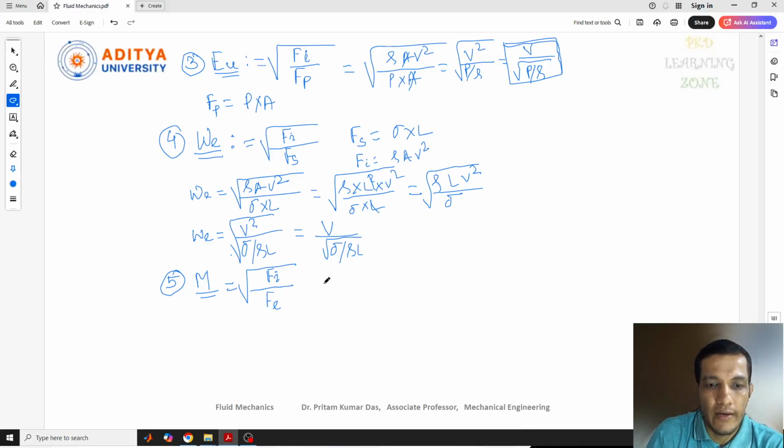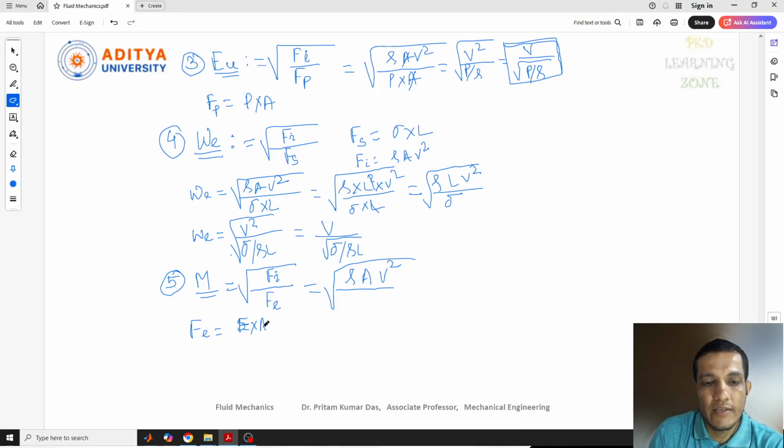So as per this, Mach number equals inertia force by elastic force. And inertia force, we already know that rho A V square, this is fixed. Again, elastic force, let me write here, Fe, we know that elastic force equals elastic stress into area. Actually it was given as E into A, we have written previously.